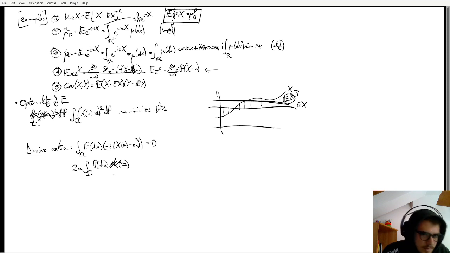Well, here it writes it like this. Splitting the integral, and this is again 0.